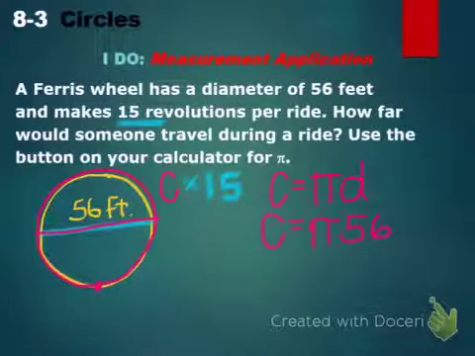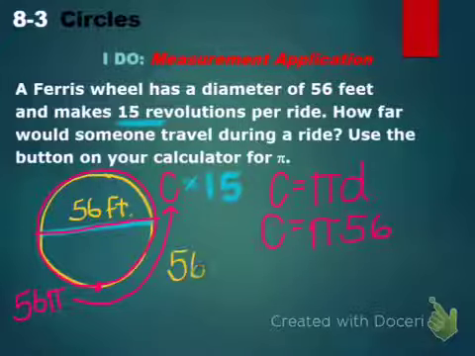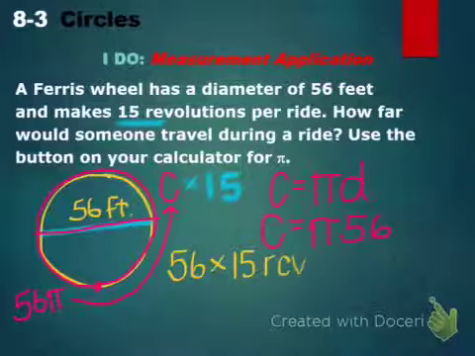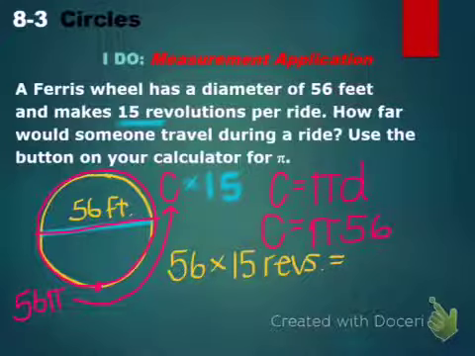So 1 revolution around is 56 pi. But remember that we're going to take that and multiply it by 15 because we're going around 15 times. So we've got 56 times 15 revolutions, and that's going to equal 840 pi.